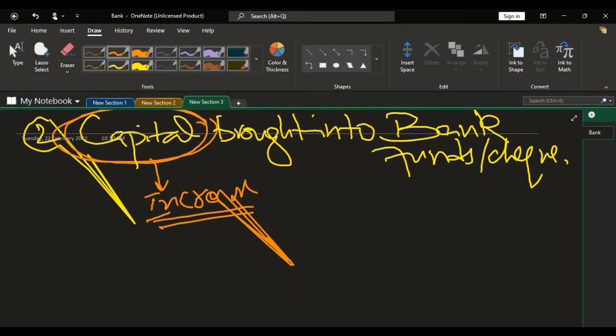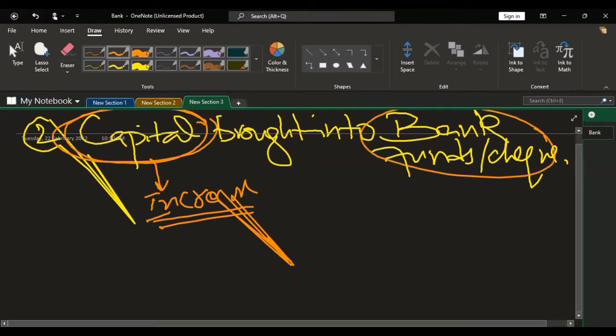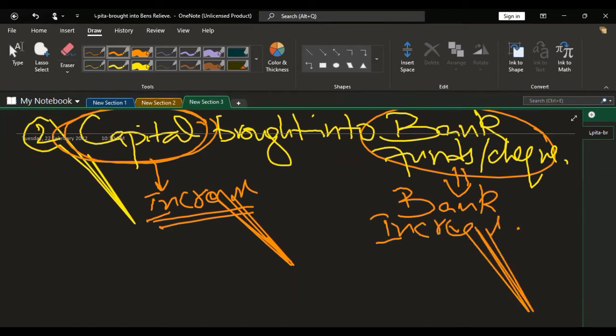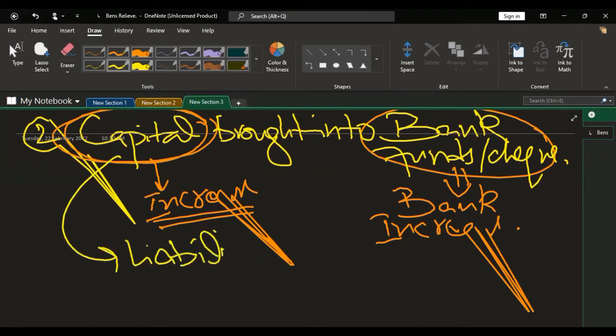The business will say that the amount of capital has increased, and the other item that has increased is the bank balance.